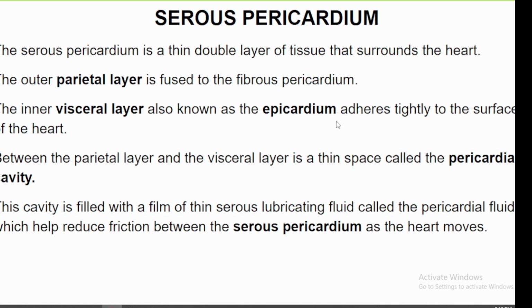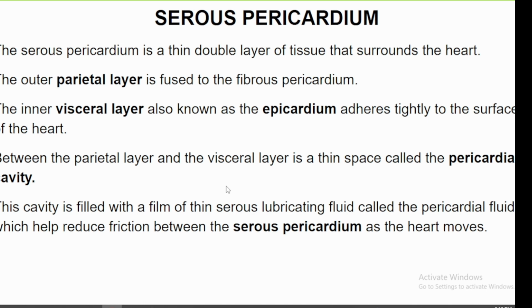Don't worry, we'll be going shortly to an image where I will explain all this to you visually. Now, between the parietal layer and the visceral layer is a thin space called the pericardial cavity. It is called what? The pericardial cavity. Don't forget, we are still talking about the pericardium.